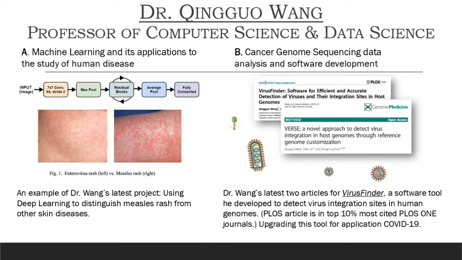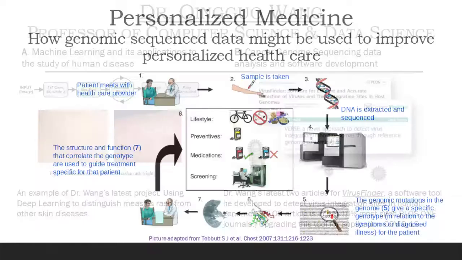He developed a software tool called Virus Finder to detect virus integration sites in human genomes. This is one of the most referenced software tools in medicine, and he's upgrading this tool now for application to COVID-19.